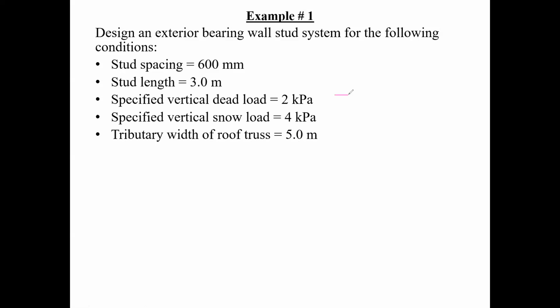I have an exterior wall here, an exterior wall here, and I have my truss going like this. I should have drawn a little bit better. Half is going to that side, half is going to that side. So most likely this is a 10-meter span, and therefore 5 meters is going there.